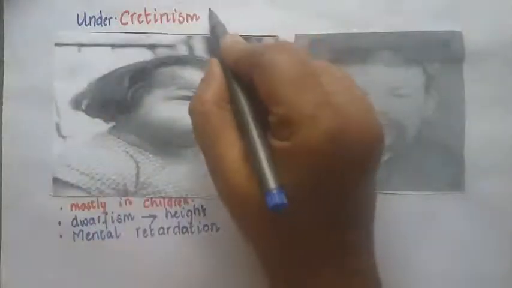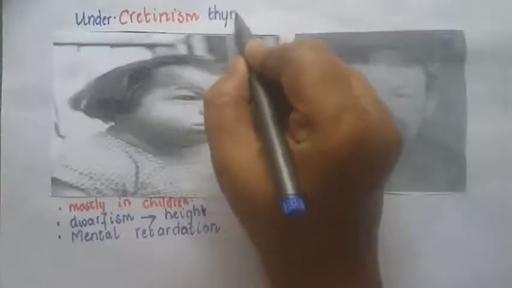Mental retardation. So this child, though being in 5th standard, having an age of around 10 years, may have an IQ like a 3rd standard child. So it means there is a retardation in its mental ability due to the under secretion of thyroxine.